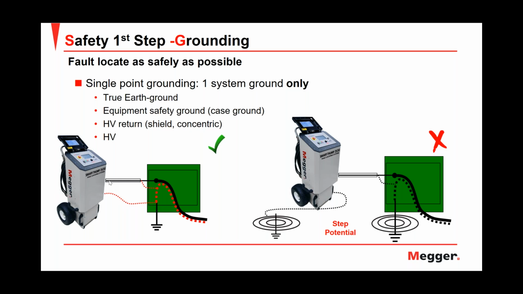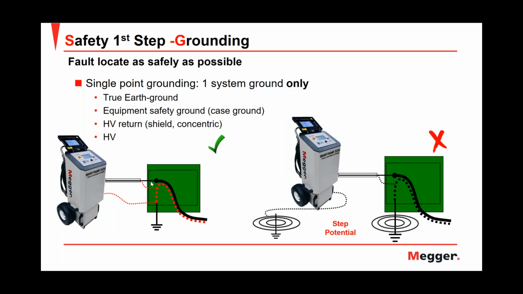Then I will connect the test lead return, the second connection. And the last connection I will do is the high voltage connection. So this is the order of the connections when I do fault location: first the safety ground, then the high voltage return, and then the high voltage connection.